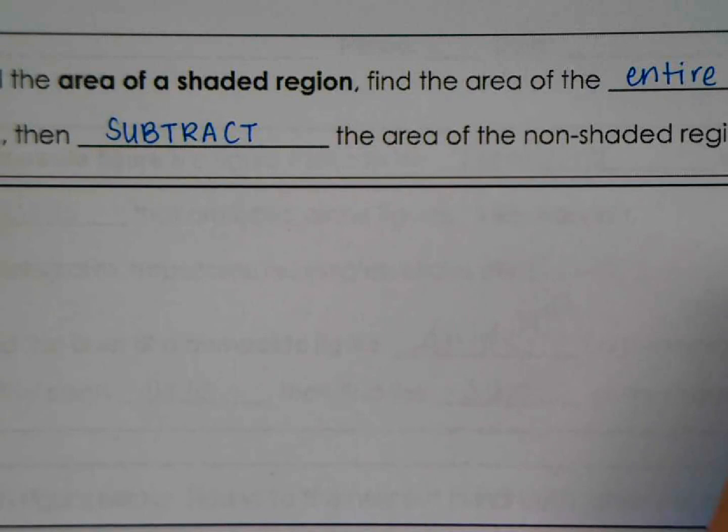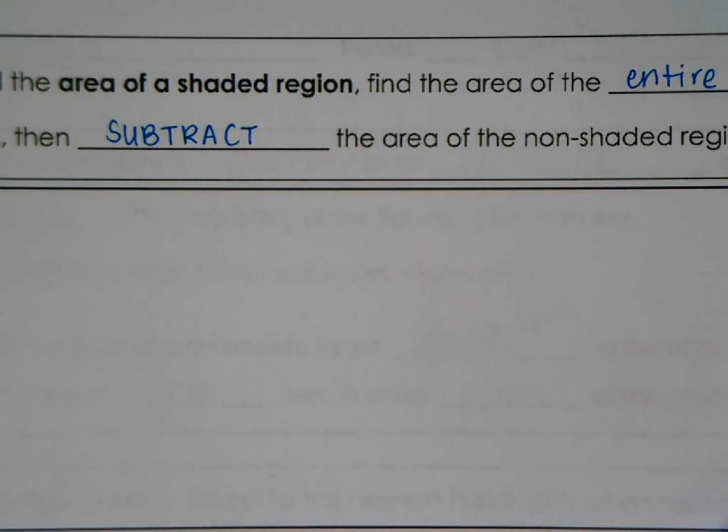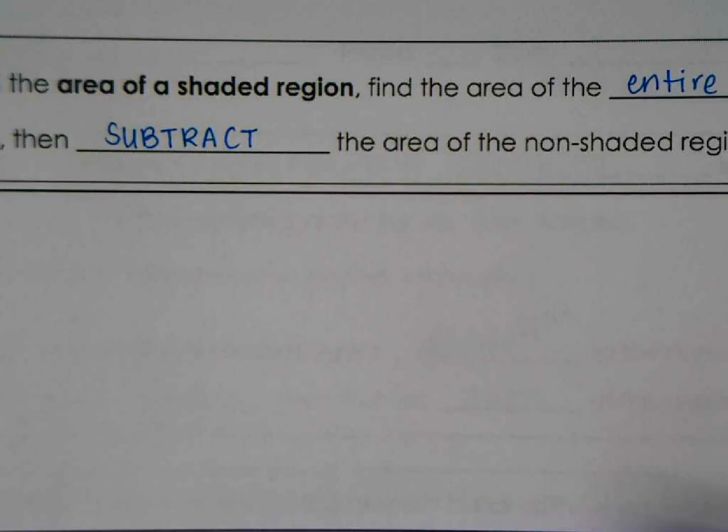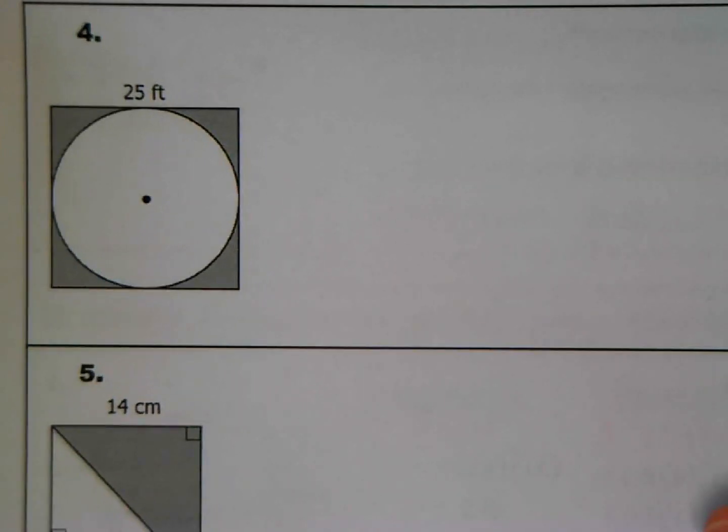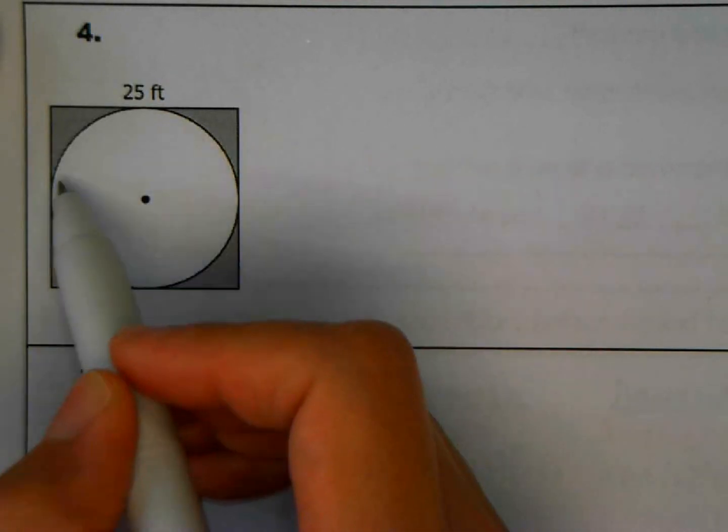So here's how I like to think of this. We have a shape, and then we cut out another shape from it. So for example, number 4, we had a square, but we're cutting out a circle from this square.